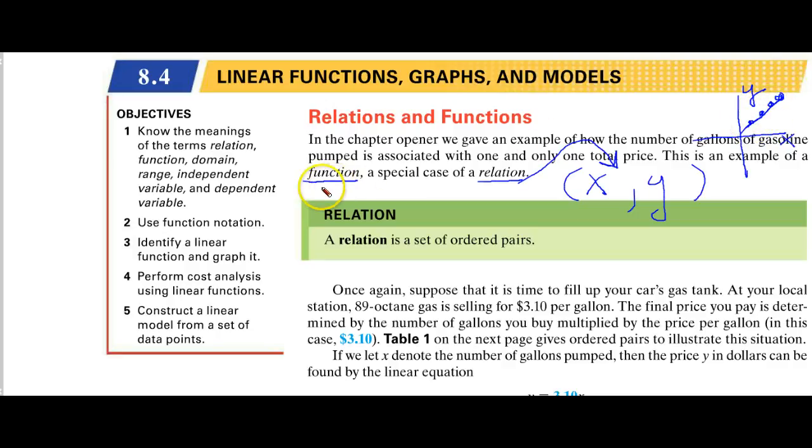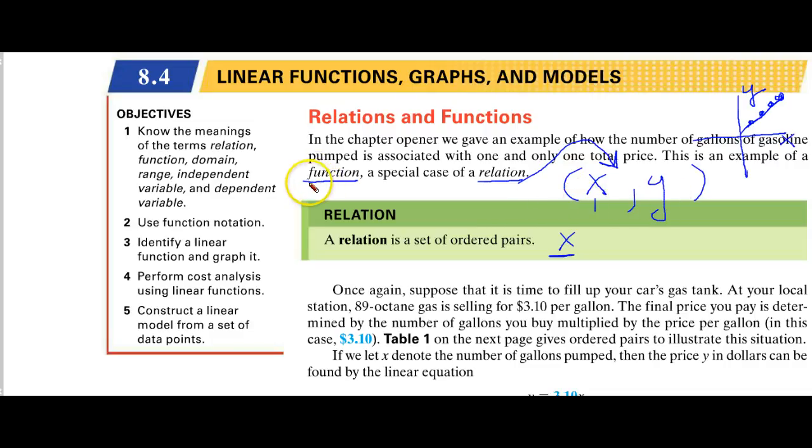Now there is a case, though: what makes a function? I'll give you that definition and we'll see it as we go. Well, in a function, the x unit in a relation is only used once. So if this were a 1 and then a 2 and a 3, they're only used once.